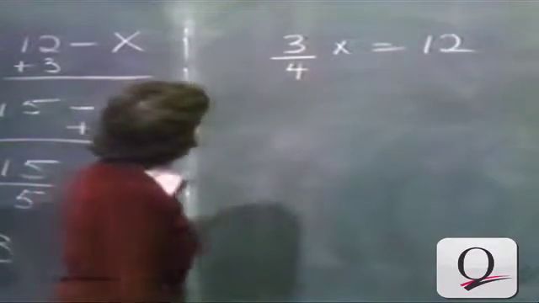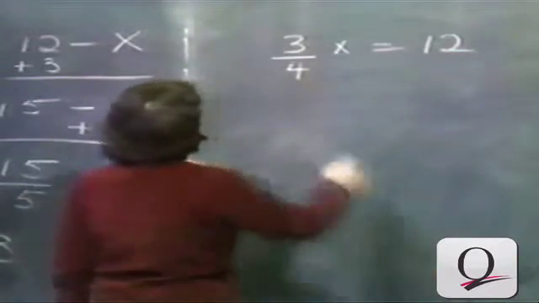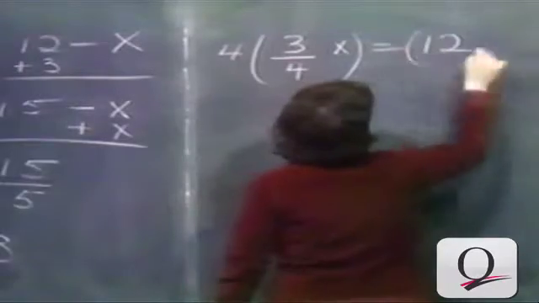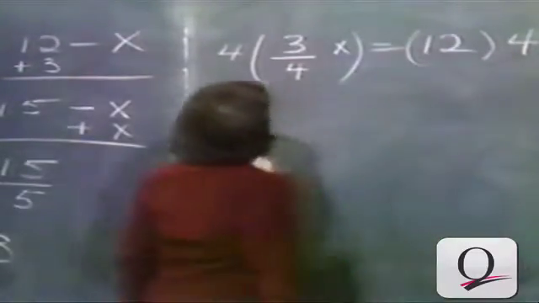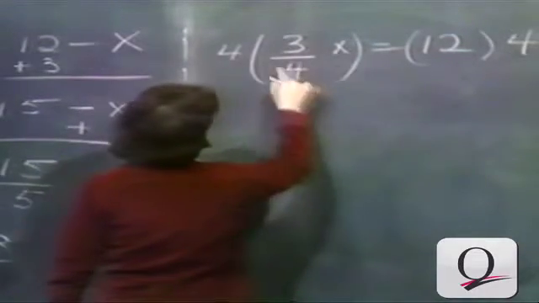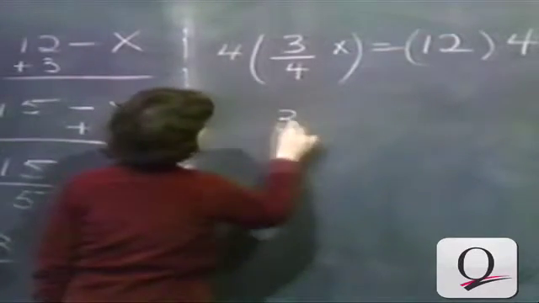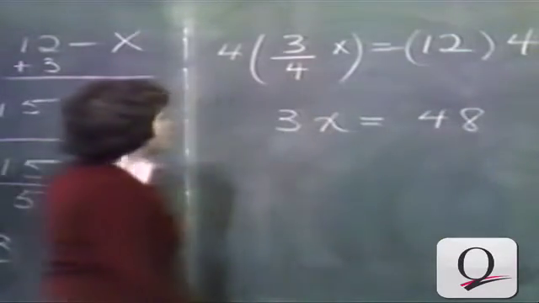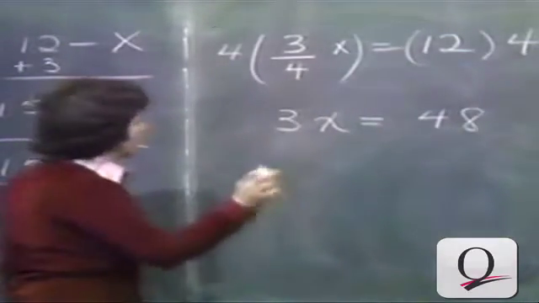Well, it's fairly easy to pick a nice number here. If we multiply both sides of the equation by 4, we'd see on the left we would get 4 times 3x over 4. The 4's would cancel. We would get 3x equals 48. We have an equation without fractions, and we solve this in our usual way.